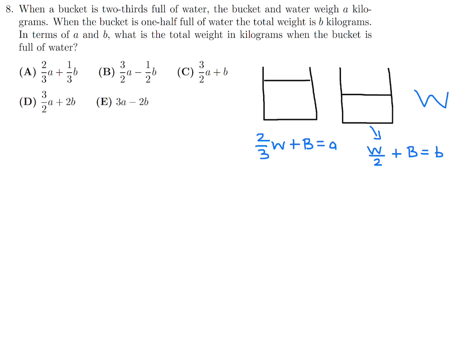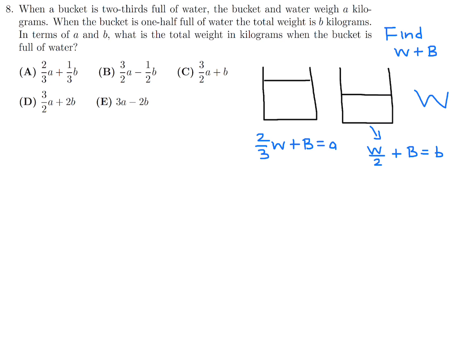So these are my two equations, and they want me to find the value of W plus B, but in terms of small a and small b, because all the answer choices are small a and small b. Okay, so let's proceed with this.